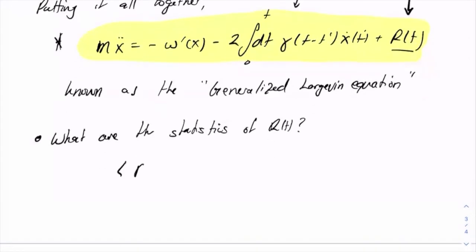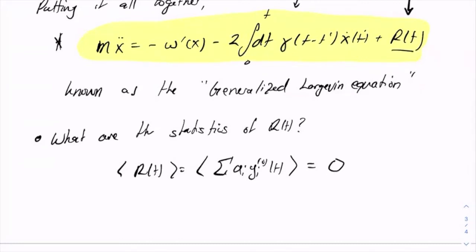Well, on average, R of t, which is given by a sum over a_i y_i at 0. Well, we've assumed that these are harmonic degrees of freedom that do not have an on average position. And so this force on average is 0.